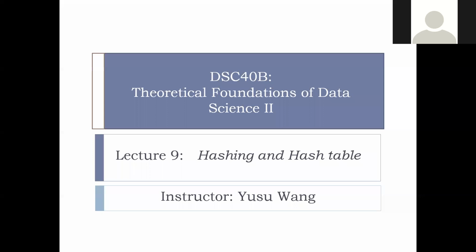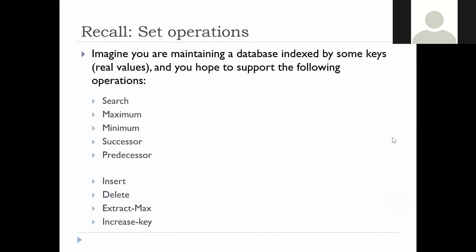Okay, so what do we want to talk about? Now remember that we have previously seen the following set operations. Imagine that you have a database indexed by some keys, and you want to support operations which include search for an element, or find the maximum of all the keys, the entry with the largest key, and so on.